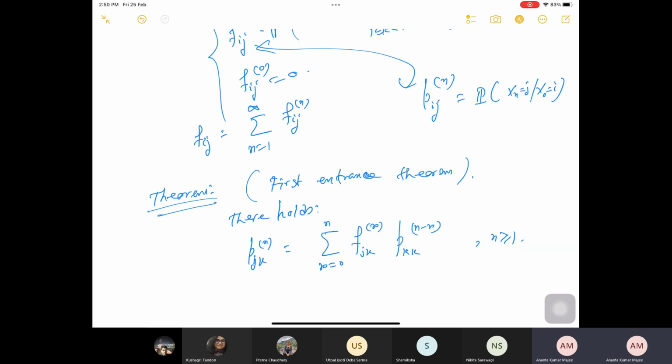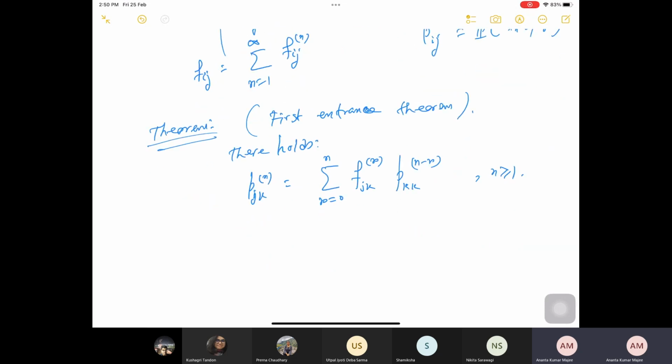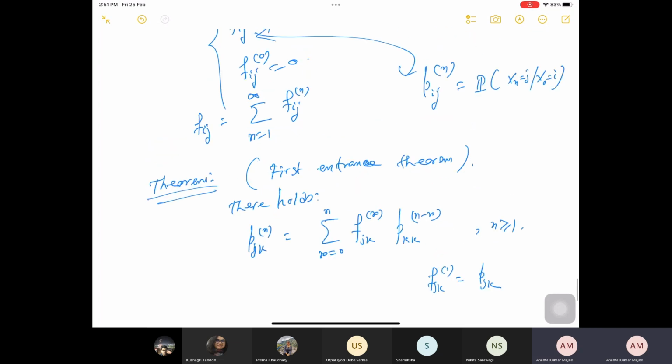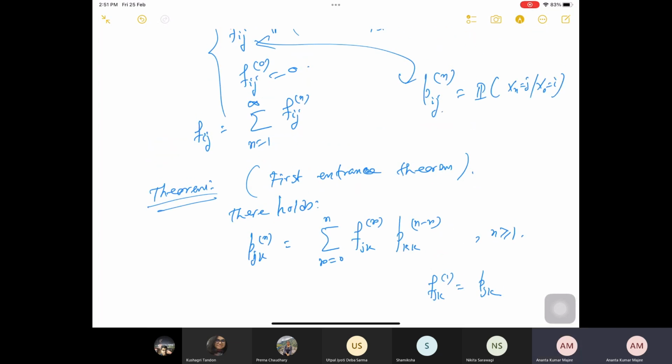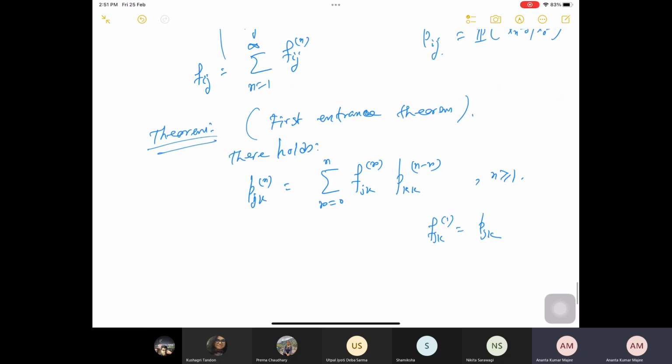This is called the first entrance theorem, and hence f_jk(1) is nothing but my p_jk. Okay. So this is the relation between p_jk(n) and f_jk(n), given by the first entrance theorem.